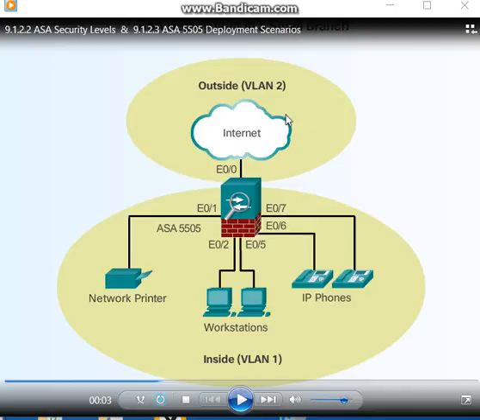Fast Ethernet switch ports such as 6 and 7 are Power over Ethernet ports. They can be assigned to VLAN 1 and are used to connect the IP phones.